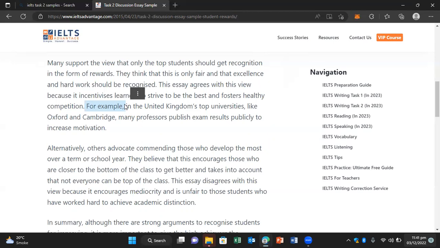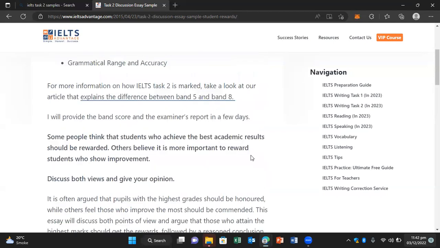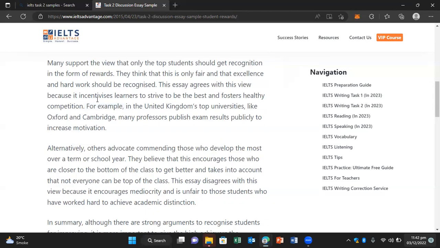They believe that this encourages those who are closer to the bottom of the class to get better and takes into account that not everyone can be the top of the class. So they are mainly focusing on the student who improves their grade rather than getting a good grade, right? So they're just focusing on that part, on the second part of the question, right?